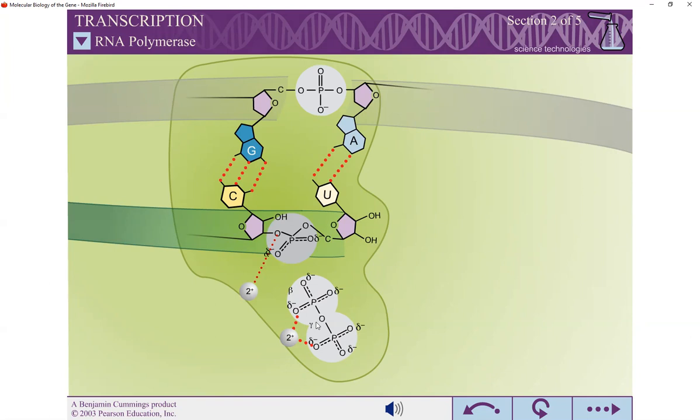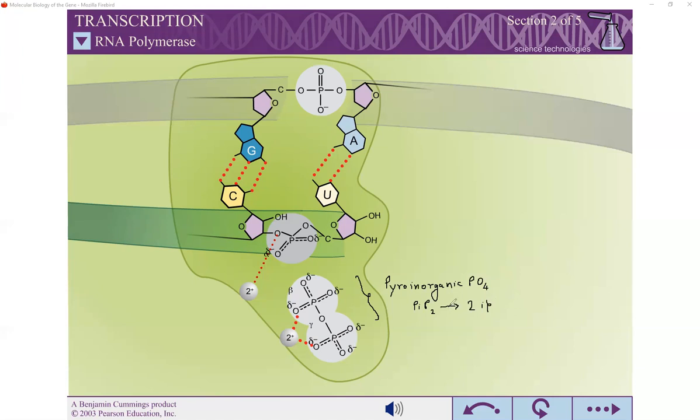The pyrophosphate which is produced here is going to undergo degradation. This is the molecule of pyrophosphate, inorganic pyrophosphate, PPi. This pyrophosphate will undergo degradation and lead to the formation of two molecules of inorganic phosphate, Pi.